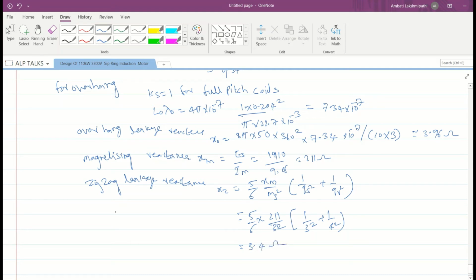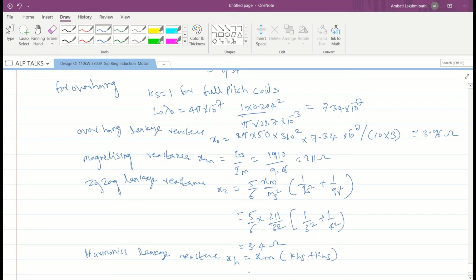So let's calculate the harmonic leakage reactance. There are some harmonics also. That value is Xh, which is Xm into khs, a factor we will use.